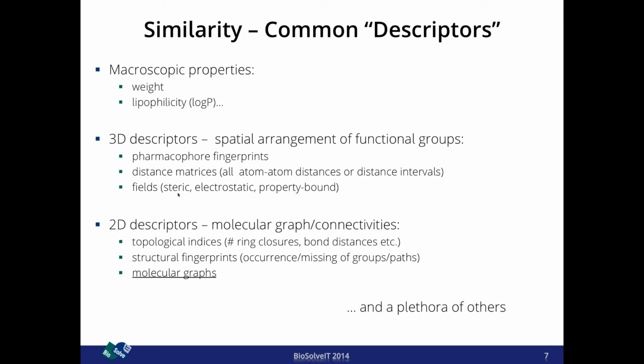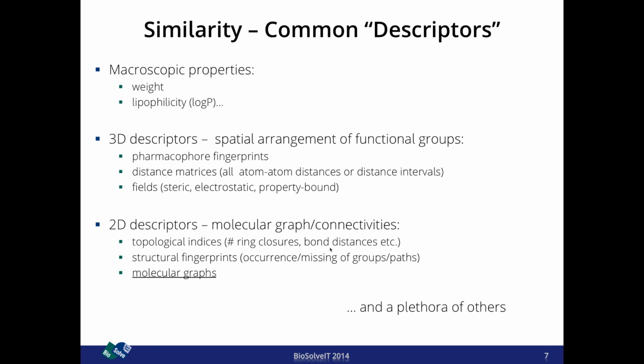On the 2D descriptor side, where we neglect 3D information as an explicit part of the information, we have loads of molecular graph or connectivity-based descriptors. For example, topological indices such as the number of ring closures in one molecule, certain bond distances in terms of a graph distance, which means, for example, 2 bonds between 2 atoms, 3 bonds, 4 bonds, and so on.